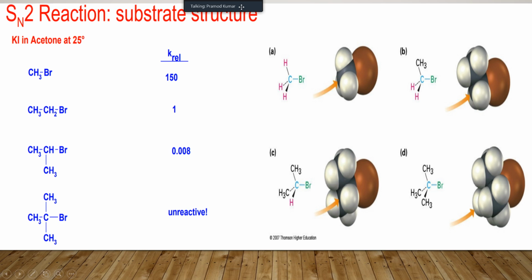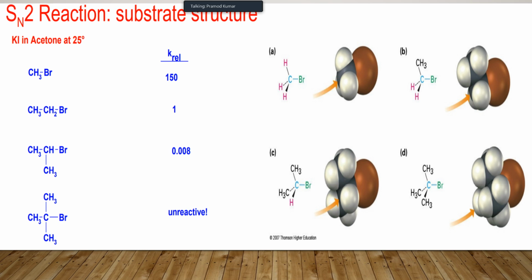Now you can see this diagram over here. This is methyl bromide. The black portion is your carbon, and the brown portion is your leaving group. So the nucleophile can easily attack the carbon. Now when there is a secondary carbon, if you see, this is methyl bromide, this is ethyl bromide, the bulkiness increases, your carbon is less available to attack, whereas in secondary carbon, the carbon is still crowded, so the nucleophile cannot attack.